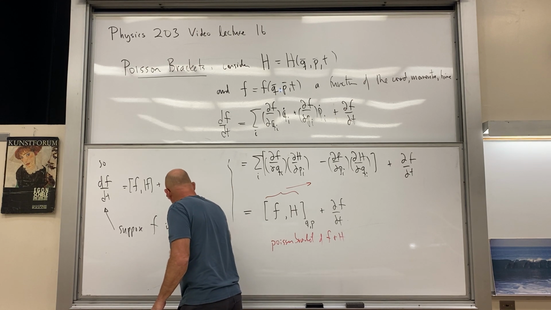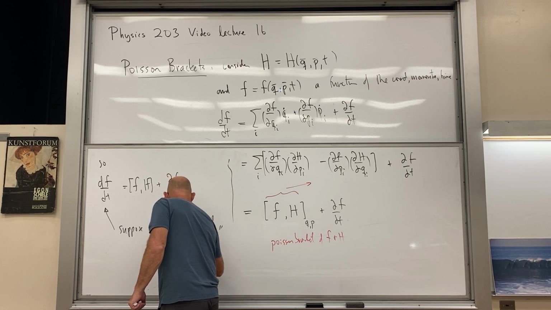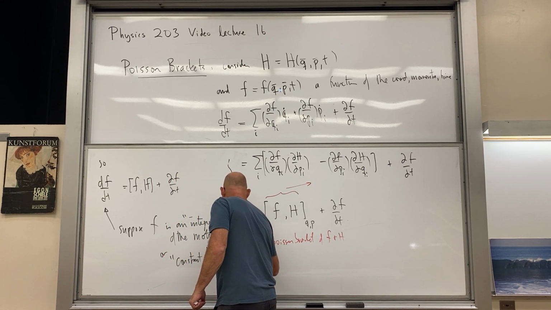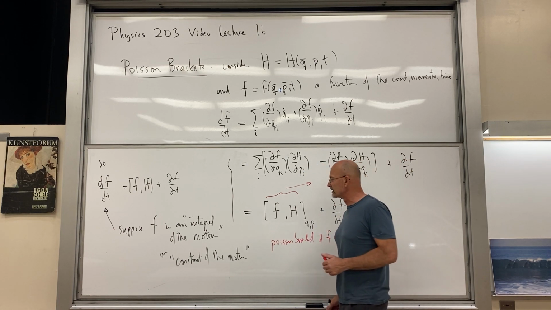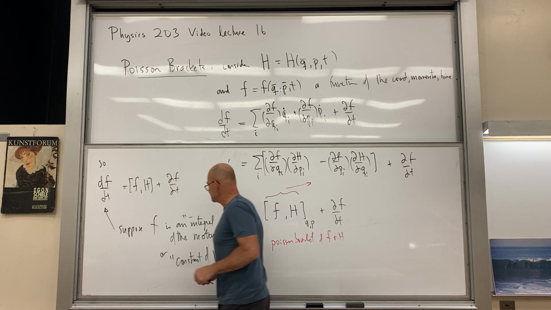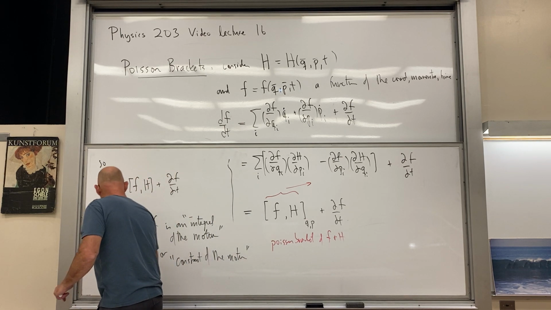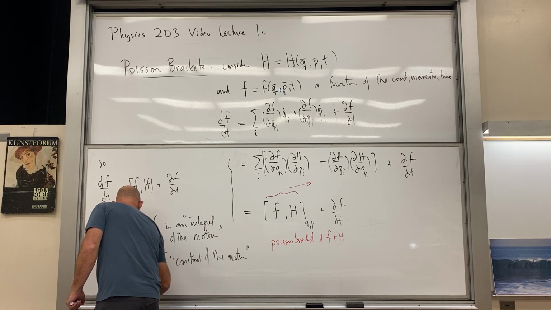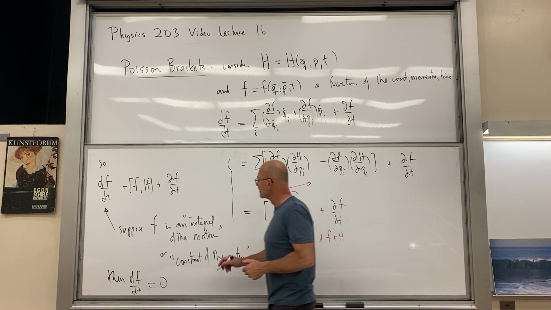So we can call it integral of the motion, or sometimes it's called a constant of the motion. Okay. And we know those as conserved quantities, for instance. In that case, then df/dt is equal to 0. Right? Conserved quantity, df/dt is equal to 0.